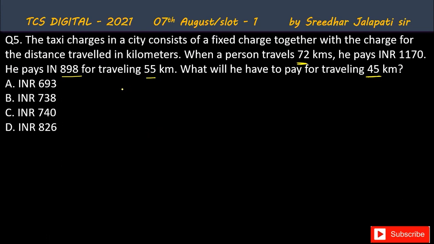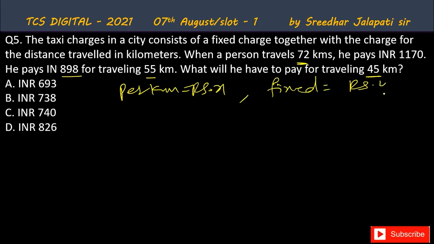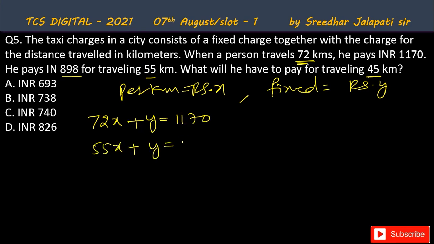Let us assume the price per kilometer be rupees X and let the fixed charges be rupees Y. So for 72 kilometers, each kilometer X rupees, so 72X plus fixed charges Y is given as 1170. And for 55 kilometers, 55X plus fixed charge Y is equal to 898.